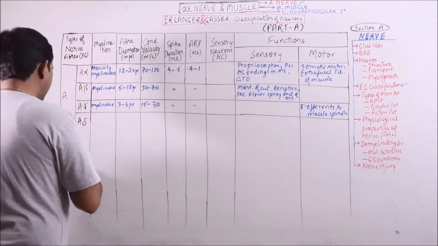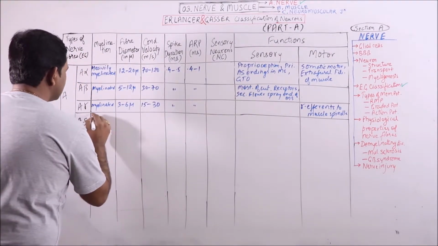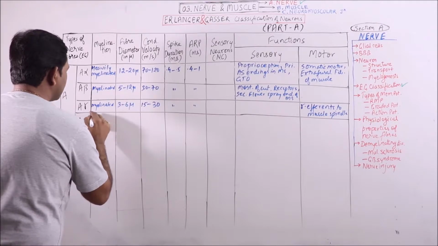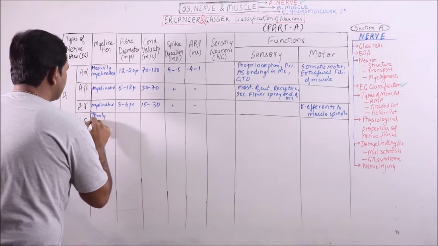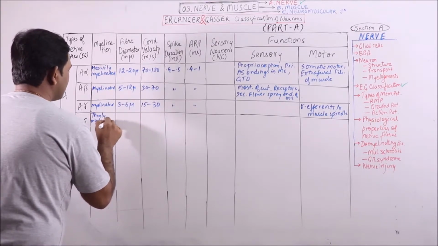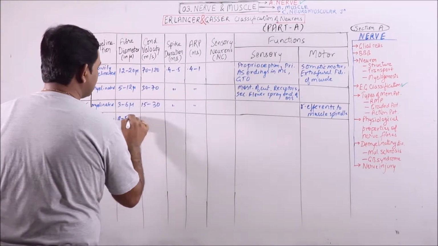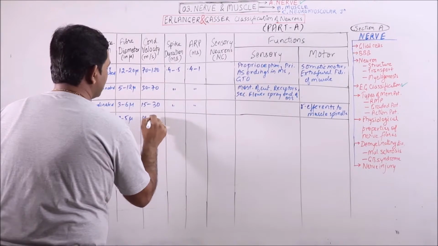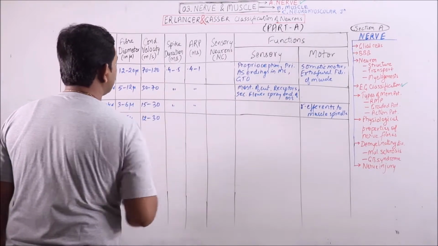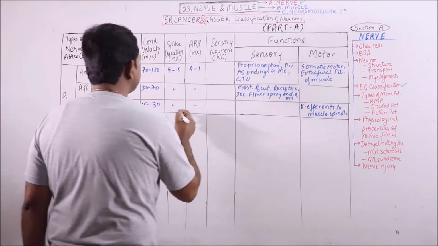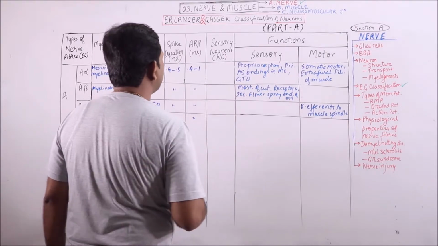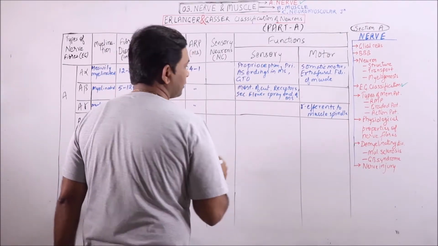Then A delta type of fibers, which are thinly myelinated. Fiber diameter is 2 to 5 micron. Conduction velocity is 12 to 30 meter per second. Spike duration and absolute refractory period is same.